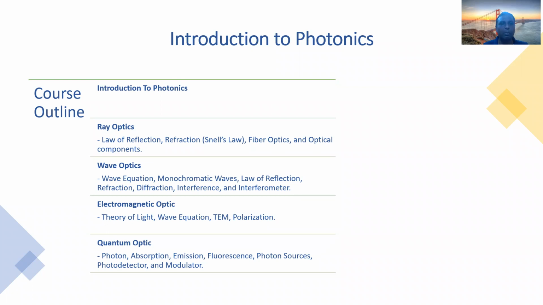And then we will proceed with electromagnetic optics, where we will be reviewing the theory of light, wave equation, TEM, and also polarization. And then the last topic will be on quantum optics, where we will look into photons, absorption, emission, fluorescence, as well as photon sources, photodetector and modulator.